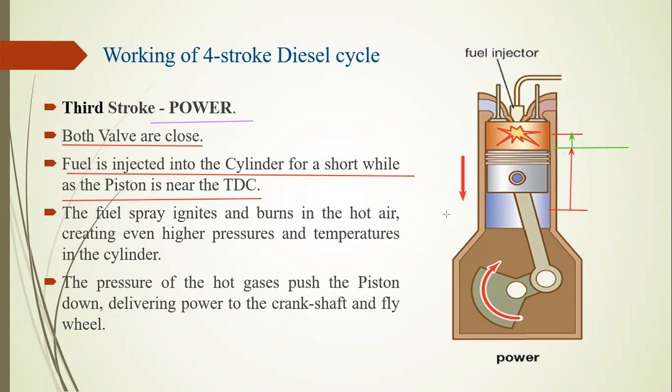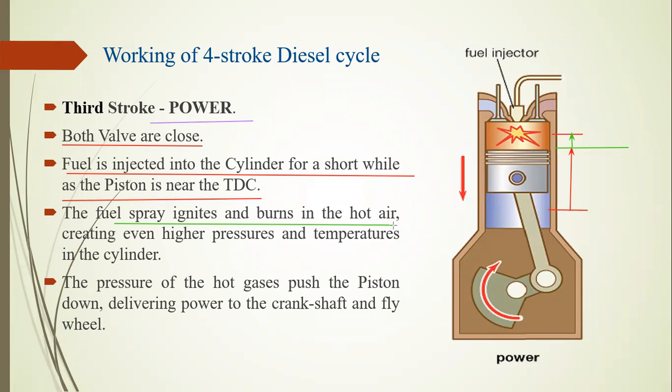At higher pressure and higher temperature, the fuel is sprayed and ignites, burning in the hot air. The temperature of the air is nearly 700 centigrade and the pressure is up to 40 bar.